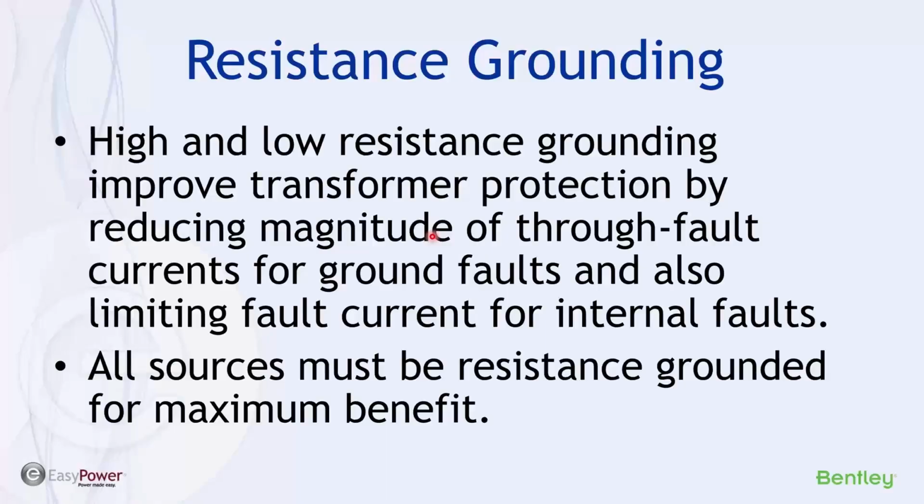And so it behooves system designers to pay attention to the possibility of limiting the amount of current in a single line to ground fault. One of the ways to do that is with high resistance ground. And so, as I showed in that one example, resistance grounding can be accommodated in multiple ways.